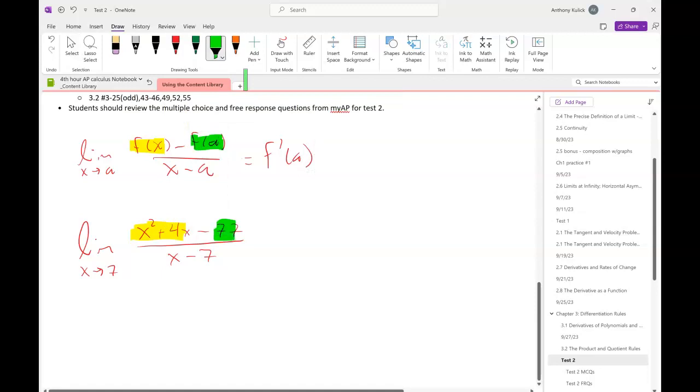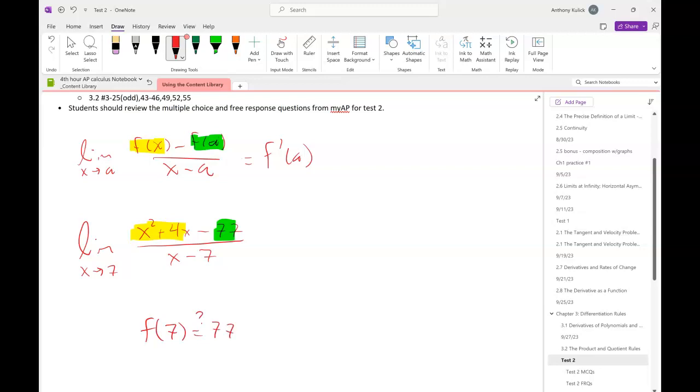And I want to check, is f of 7 equal to 18? It is, right?